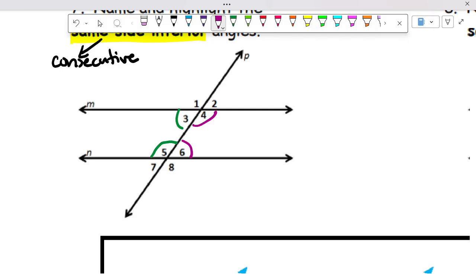How do 3 and 6 connect? They're the same angle because they're alternate interior. So that means they're congruent. So let me ask you this. If 3 and 6 are congruent, and 3 and 4 are supplementary, could we not say that 4 and 6 have to also be supplementary since 6 is the same angle as 3?